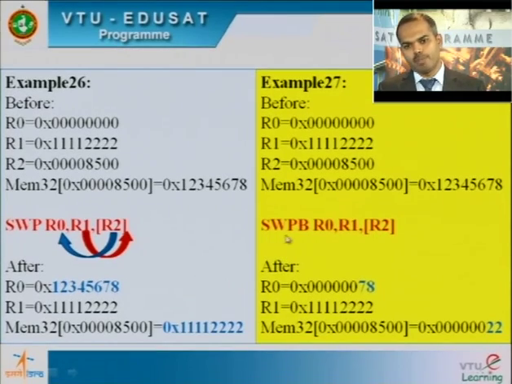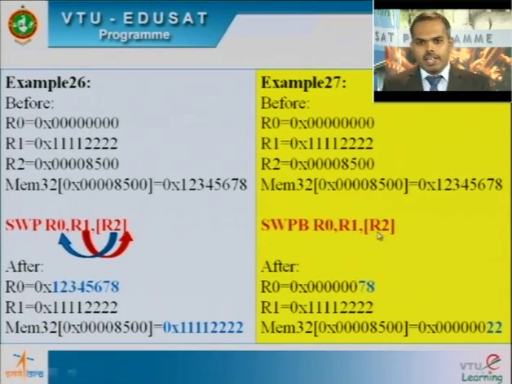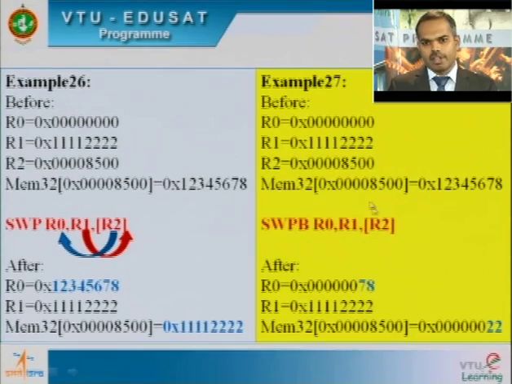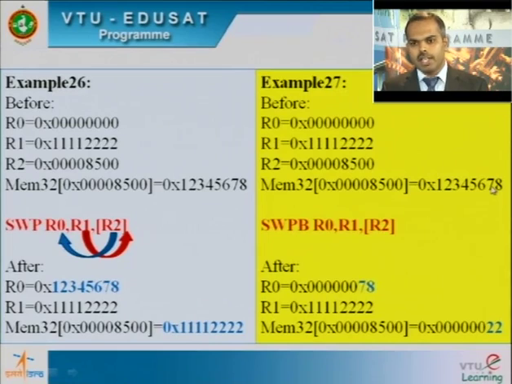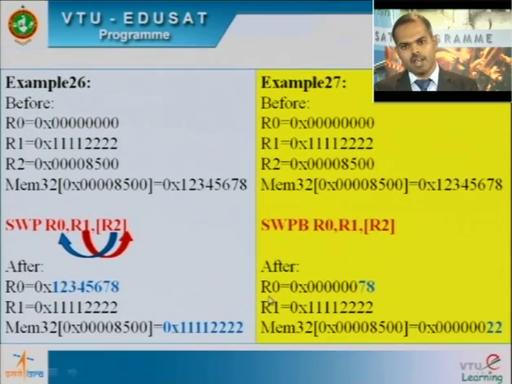Now what happens with the instruction SWPB R0, R1, [R2] in the square bracket. Content of the memory location pointed by register R2, in that content, the lower byte, that is 78, gets copied to the register R0.